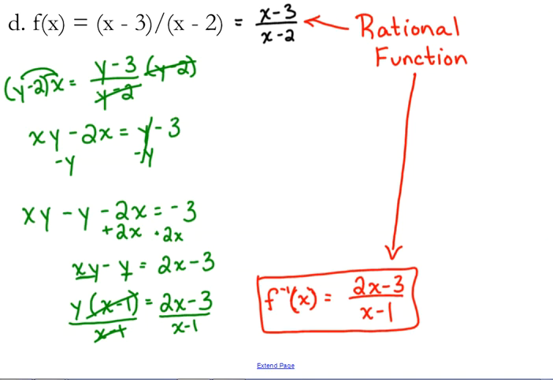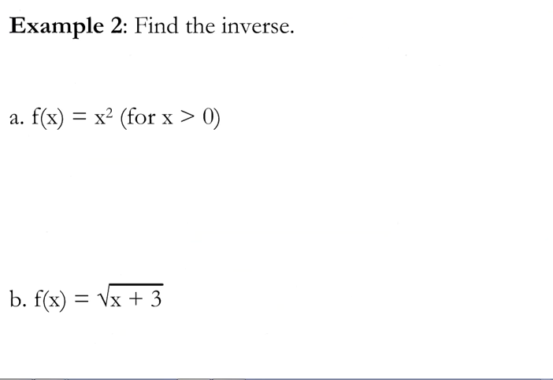A rational function has a variable in the denominator. Is a simple definition of what a rational function is. But the original was rational, the inverse is rational. All right, so that's really honestly the most complicated inverse that you'll have to find. The next couple of examples aren't nearly as complicated.